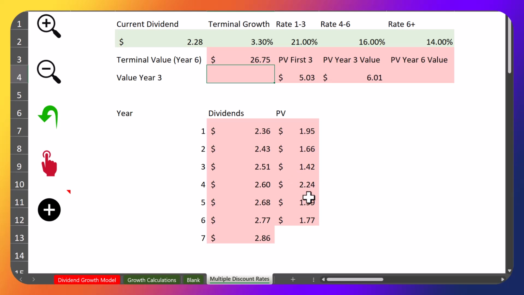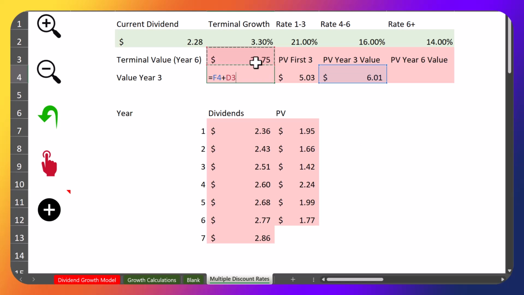That's equal to the sum of the present values of year 4, 5, and 6 dividends as you look at it at the end of year 3, which we already calculated. Right there. Plus present value of the terminal value.